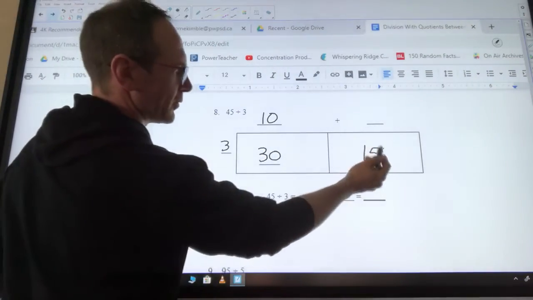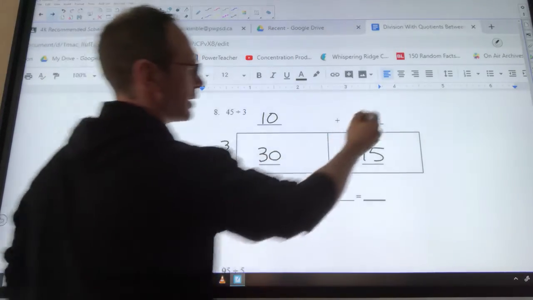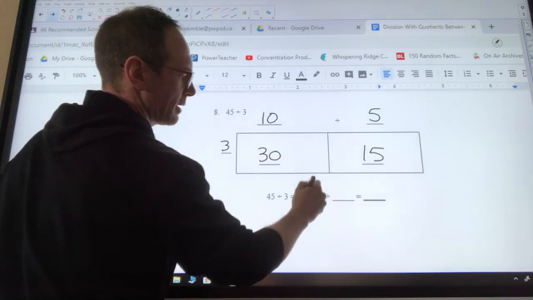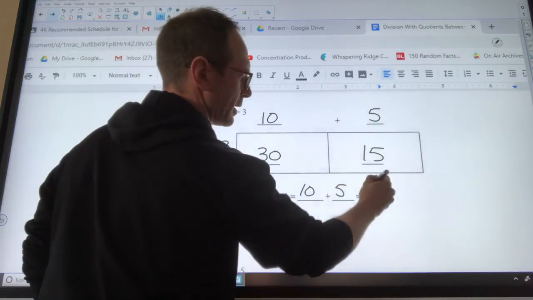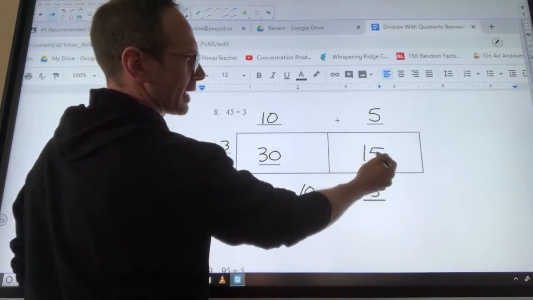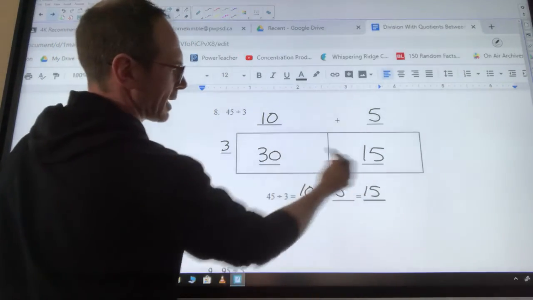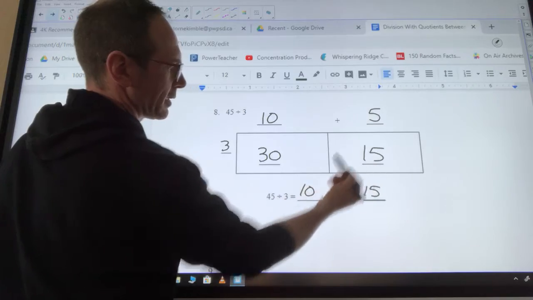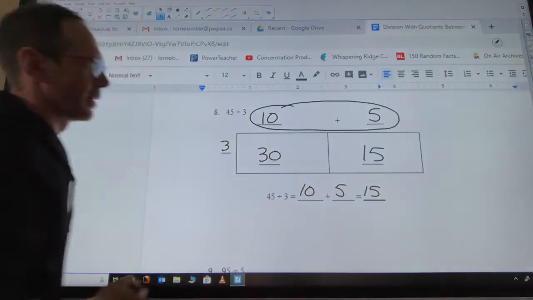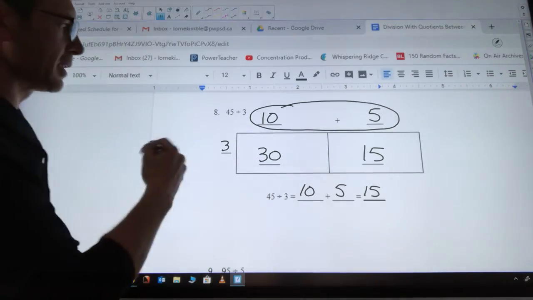So now my question is 15 divided by 3. 15 divided by 3 is 5. Okay. So now I have 10 plus 5 equals 15, right? 15 times 3 is 45. Once again, this 15 in here is making up for the 30 plus 15 here. So don't let that confuse you. The important one is right here. 10 plus 5 is 15. 15 times 3 is 45.